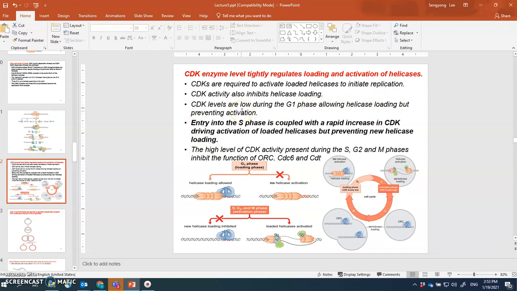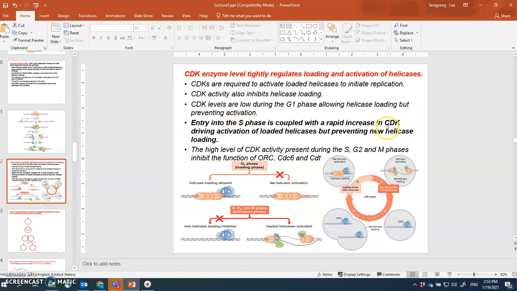But entry into S phase is coupled with a rapid increase of CDK activity, which drives activation of the loaded helicase, while preventing new helicase from loading. So the loading takes place during the G1 phase, but the activation takes place in the S phase through the CDK.